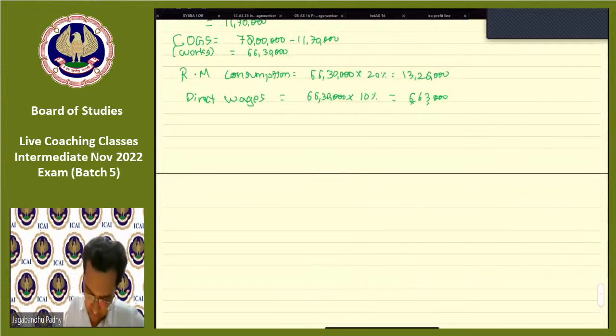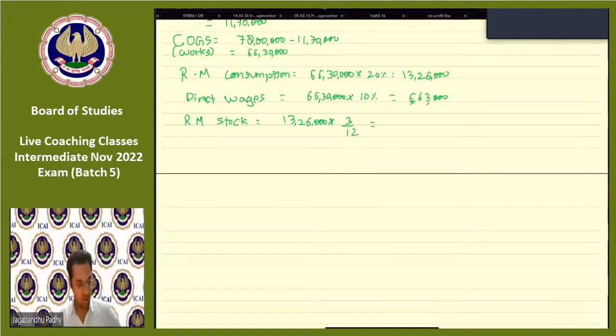So we can get raw material stock as 13 lakh 26,000 into 3 by 12, which is 3 lakh 31,500.